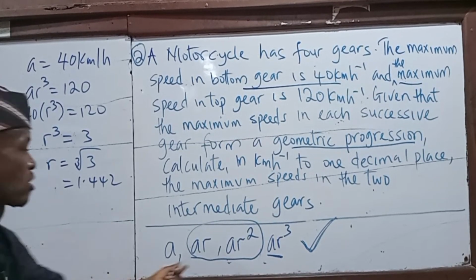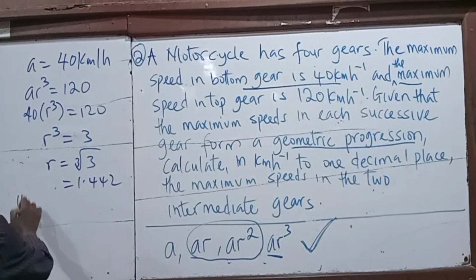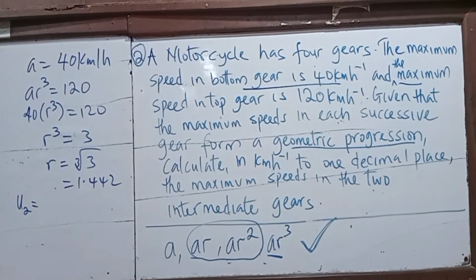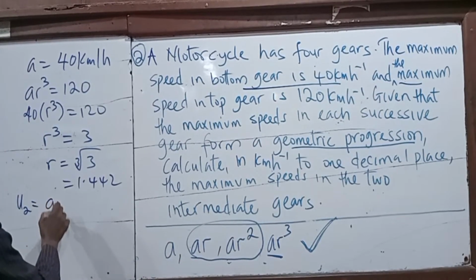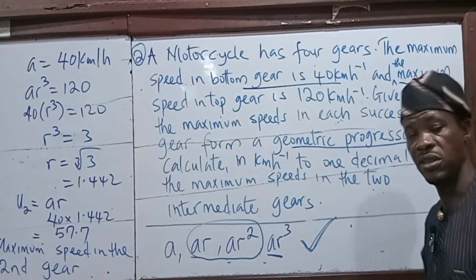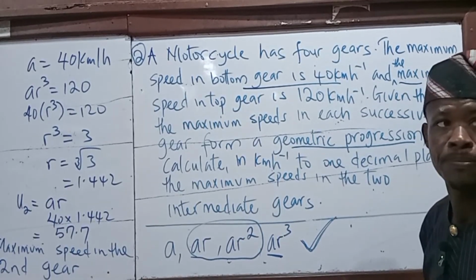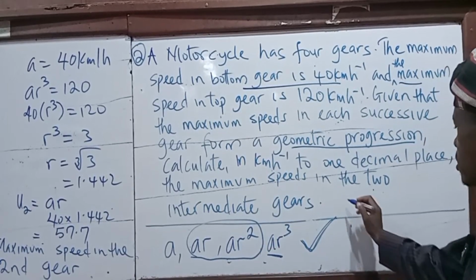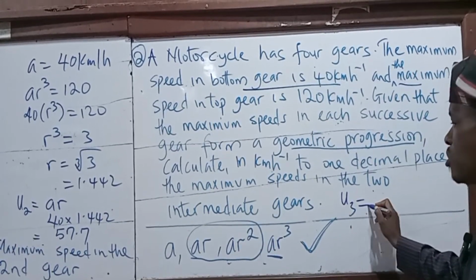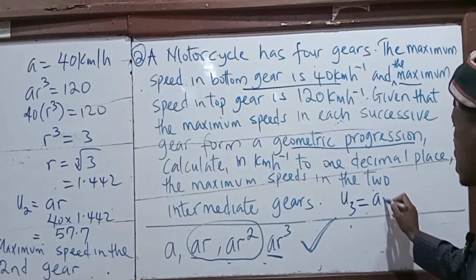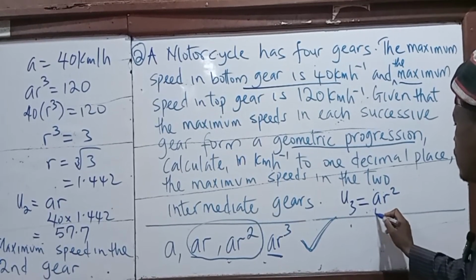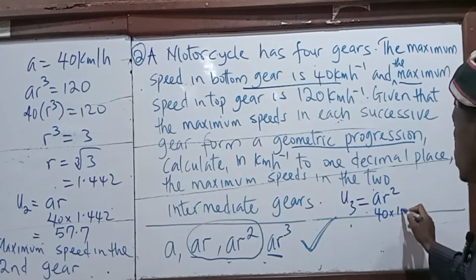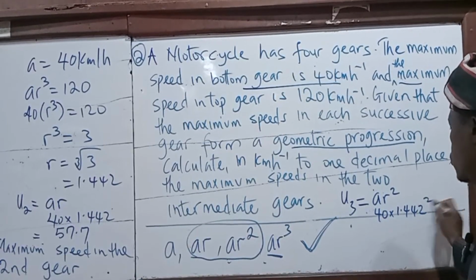So we've gotten the common ratio. We can get the second term, U2, which is the maximum speed in the second gear. Then we find the third one, U3, which will be equal to AR squared. My A is 40 times 1.442 squared.